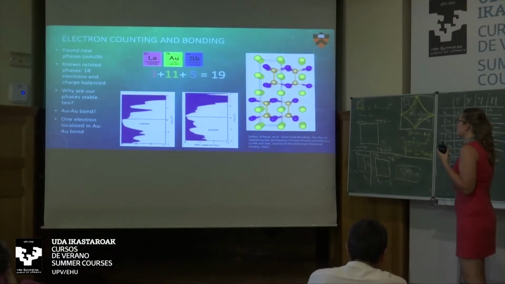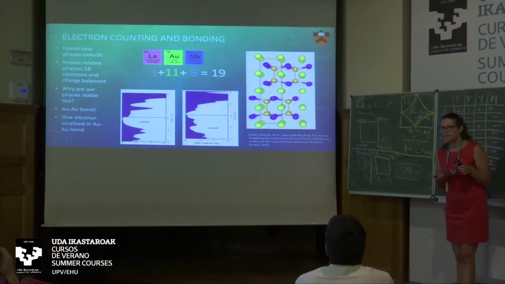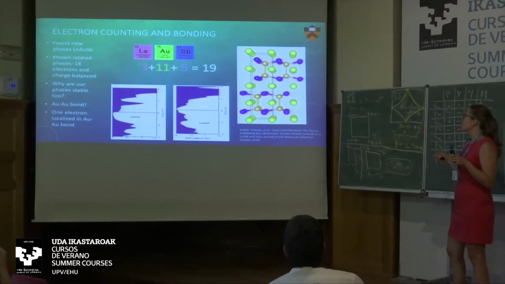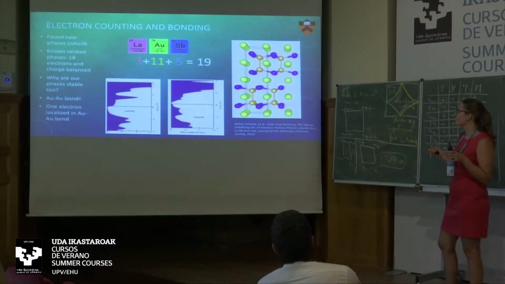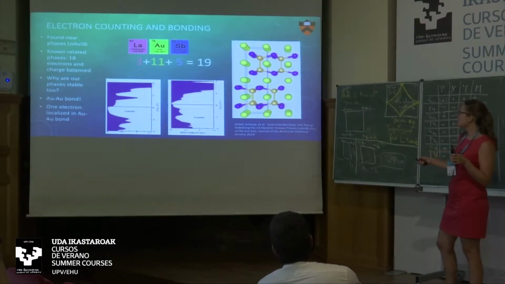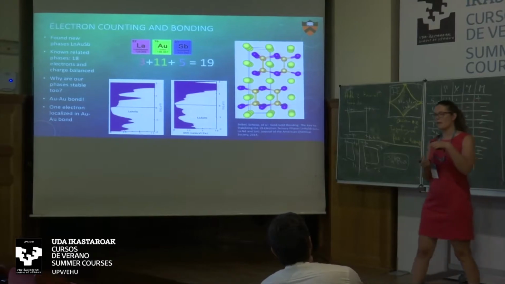So we looked really closely at the crystal structure, and when we were solving it from the diffraction, we noticed that the gold atoms come awfully close to each other in the structure, and this doubles the unit cell. Normally a 1-1-1 compound would have a smaller unit cell, but it doubles, and the gold atoms get in close contact.